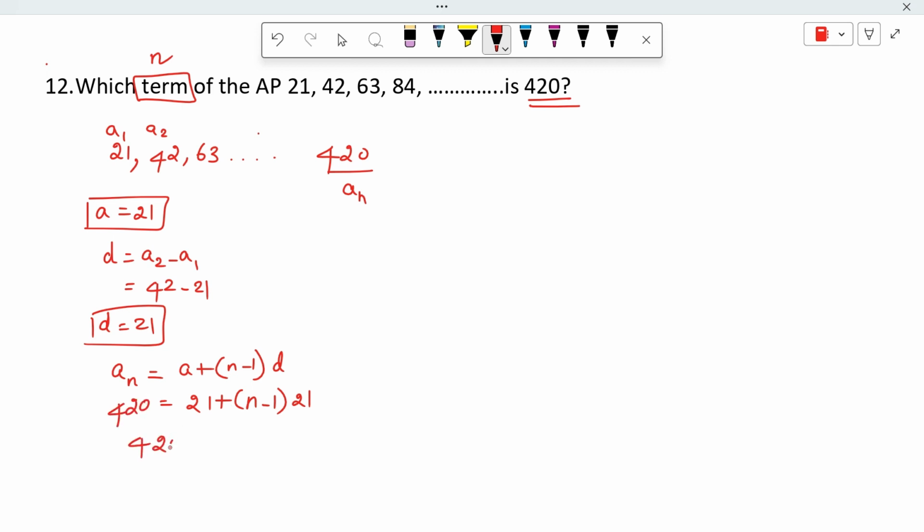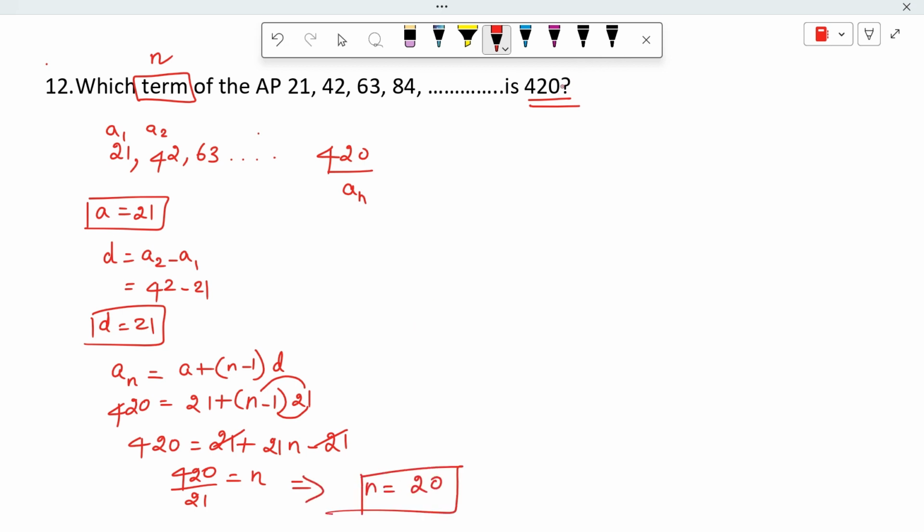Now 420 is equal to 21 plus, I am using the distributive property and evaluating the bracket, so I will get 21 times n minus 21. So this and this will get cancelled. So 420 by 21 is equal to n, isn't it? Which implies n is equal to 20. So 420 is going to be the 20th term. So A20 will be 420, isn't it?